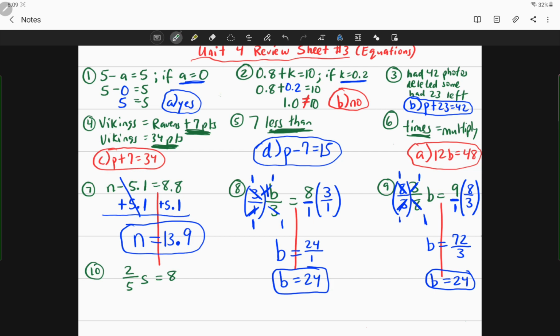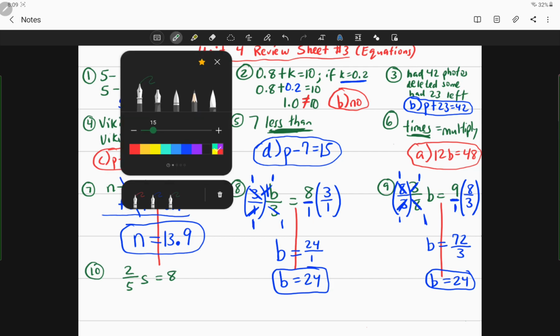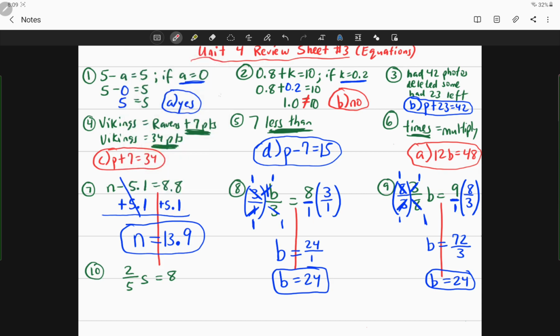Okay, I don't have a lot of space, so let's see what I can do here. Same steps: equal sign, draw the line. And same idea. We have 2/5 s, which is technically multiplying, but we can also see that we're looking at division as well because it says 2/5. So if I'm reading this as a division problem, I can get rid of it by using, again, the inverse operation.